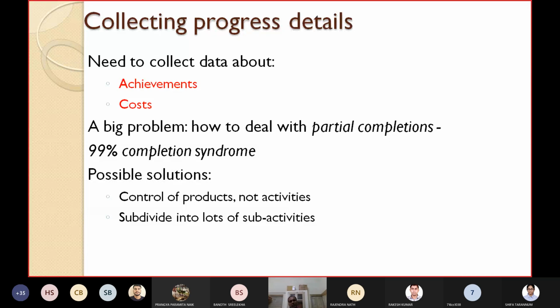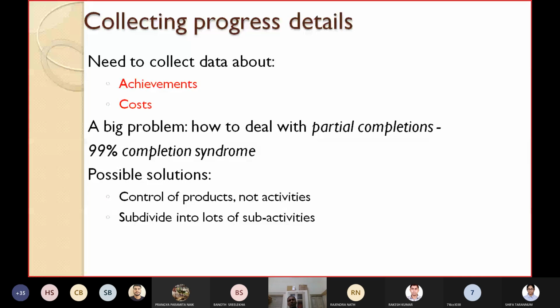A big problem in collecting the data regarding the progress details of a project is how to deal with partial completions. You might have known in the software engineering paper the 99% completion syndrome. What does that mean? Anytime you go to a developer firm, they will say, okay, we have completed almost all. One day you will take, you please come up to one month. Whenever you go again after one month, okay, we have only a few percent left, we have done 95%.